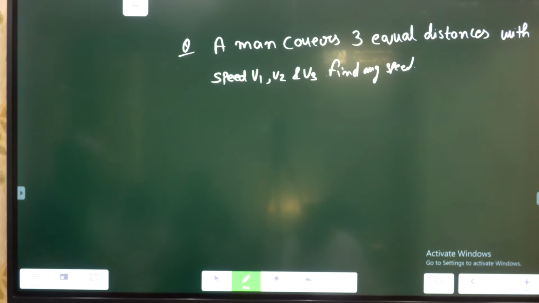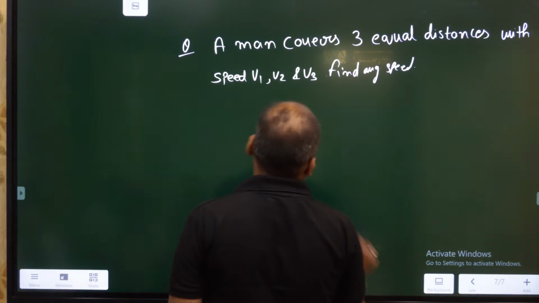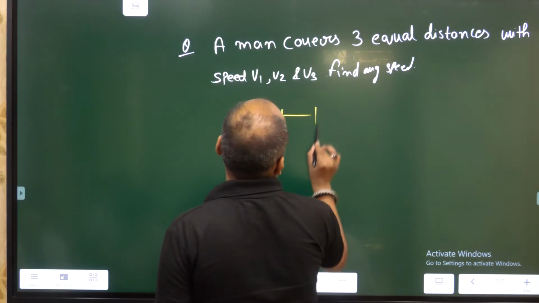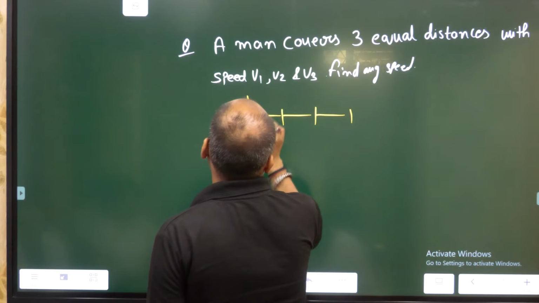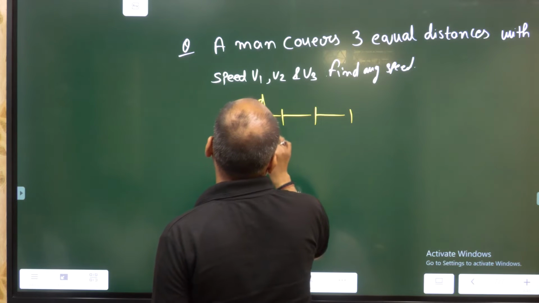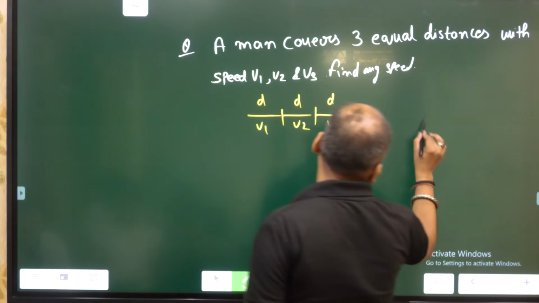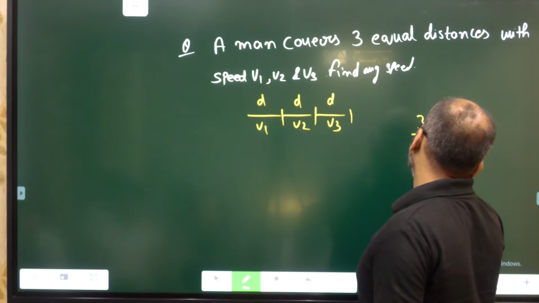Okay, see, I am solving it. Don't waste your time. Very easy, same concept. D, D, D with V1, V2, V3. So 3D upon D upon V1 plus D upon V2 plus D upon V3.